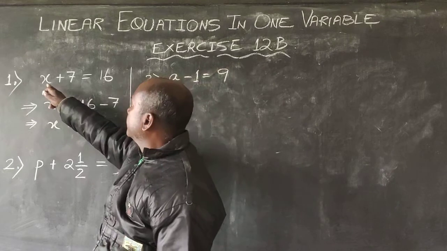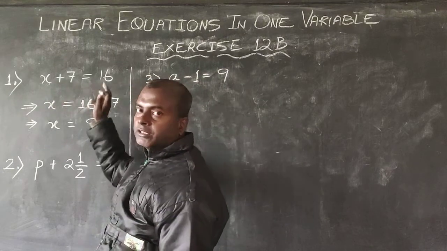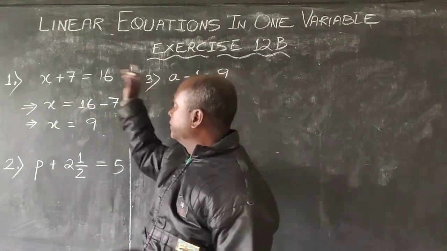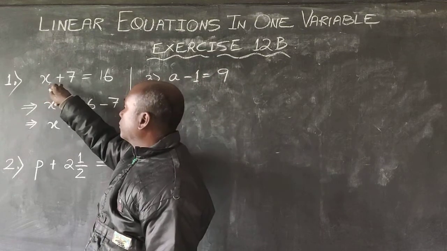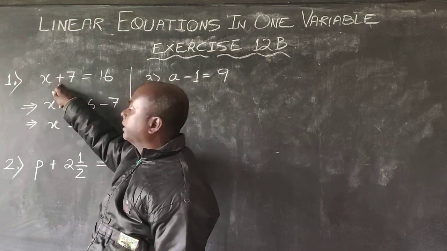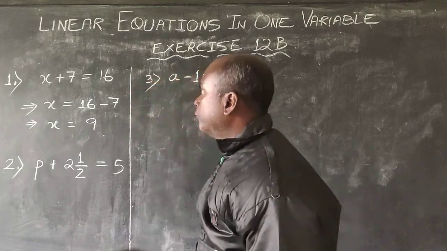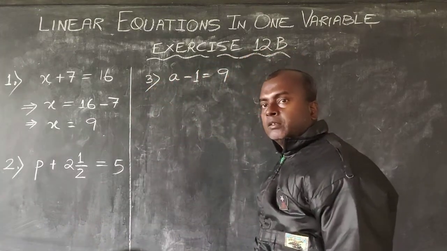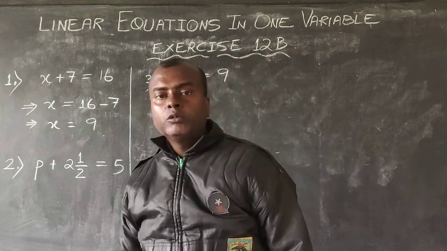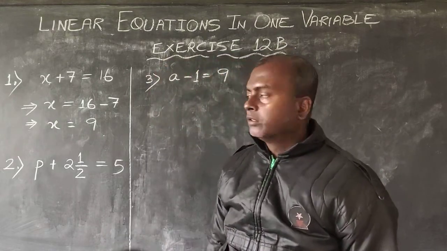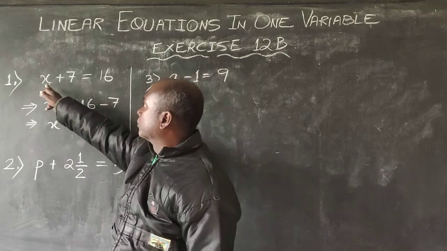The question is x plus 7 equals 16. On the left hand side we see there is the variable x, and what is there with x? Plus 7. And what's the rule to find the value of a variable? The variable has to be isolated, left alone. So how do we leave x alone?